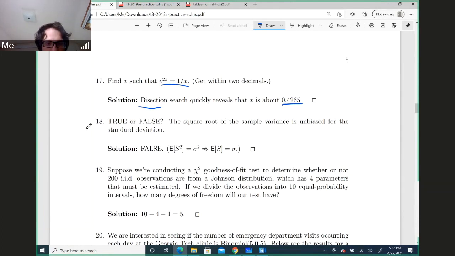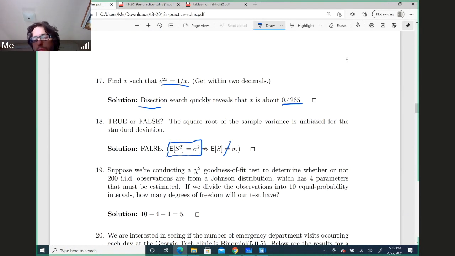Cool. Question 18. This is true or false. The square root of the sample variance is unbiased for the standard deviation. And this, of course, is false, because although the expected value of the sample variance does equal the true variance, as I discussed earlier, the expected value of the square root of this is not the standard deviation.